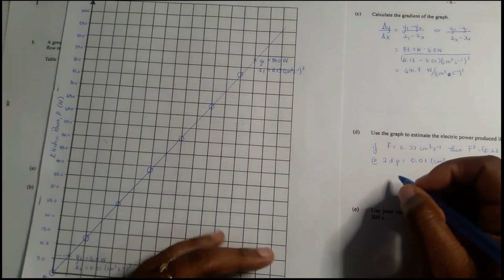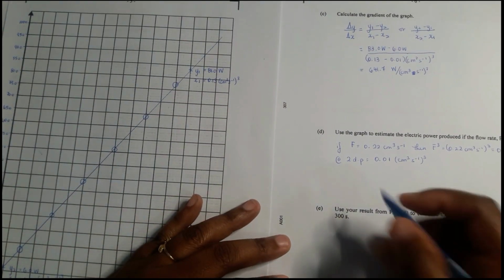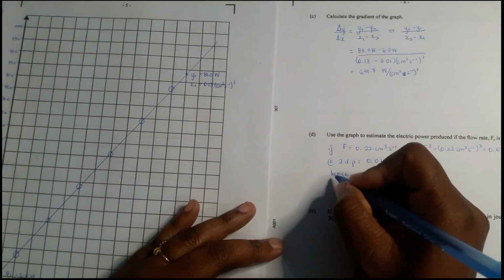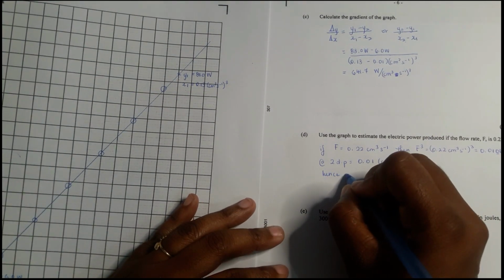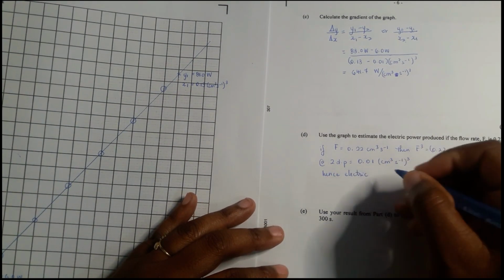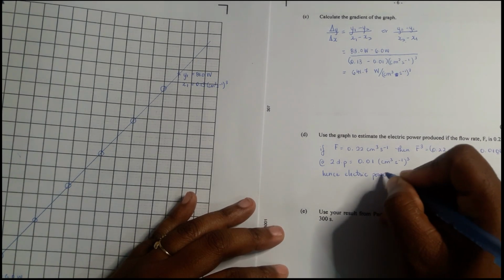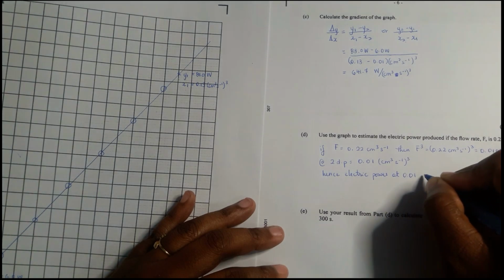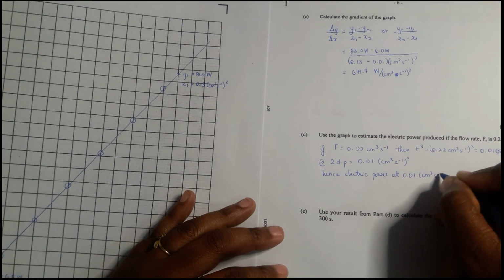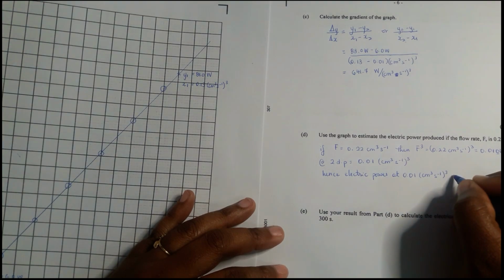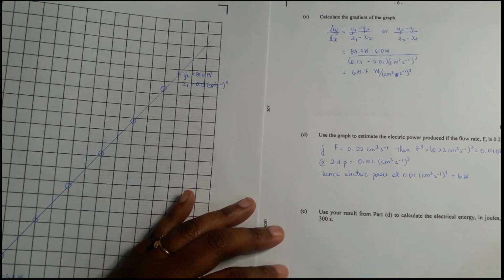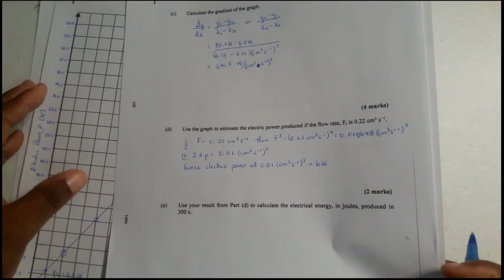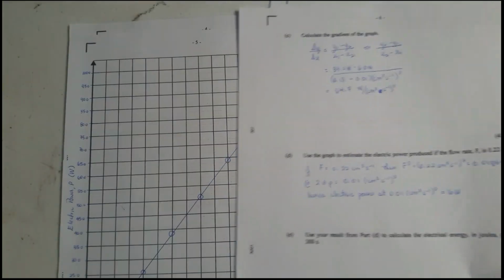So we could say that hence, electric power at 0.01 centimeters cubed per second cubed is, when it's extrapolated, you get 6 watts. And that would now give us our 2 marks. Our 2 marks. Okay, good.